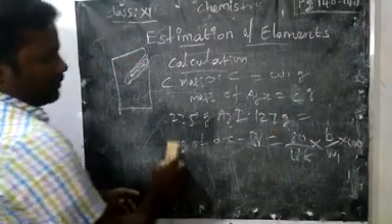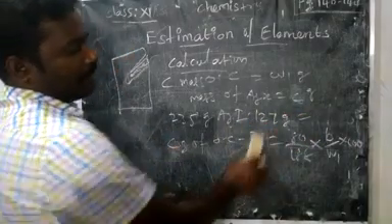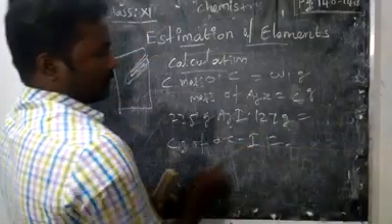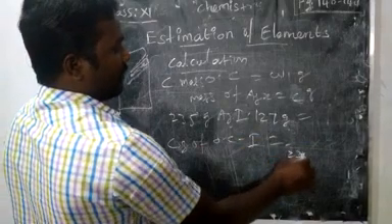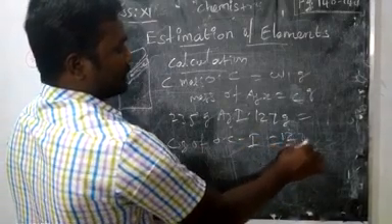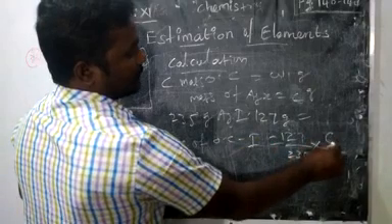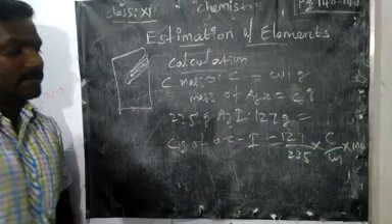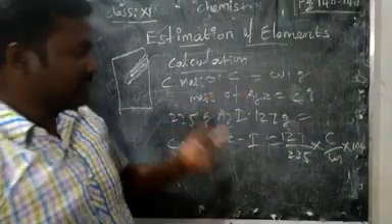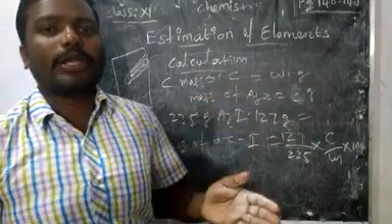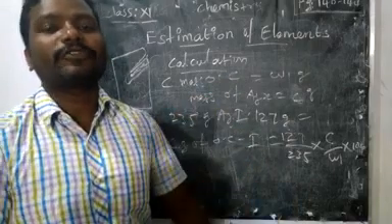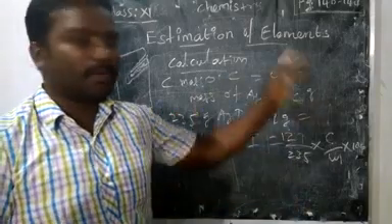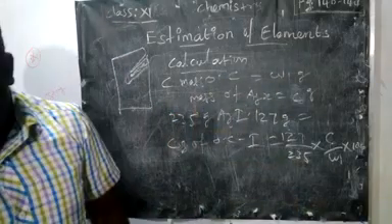Then C gram of organic compound will give the mass of iodine: 235 out of 127 into C gram, out of W1 gram for percentage. Okay. See, just this line will change because chlorine, bromine, iodine have different atomic mass. So the atomic mass will change. Based on that, we can change the formula, right?